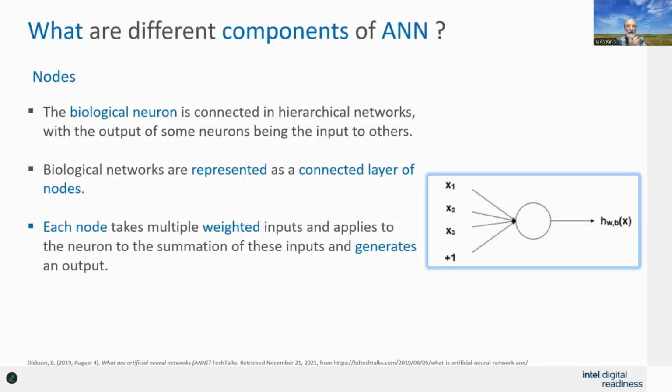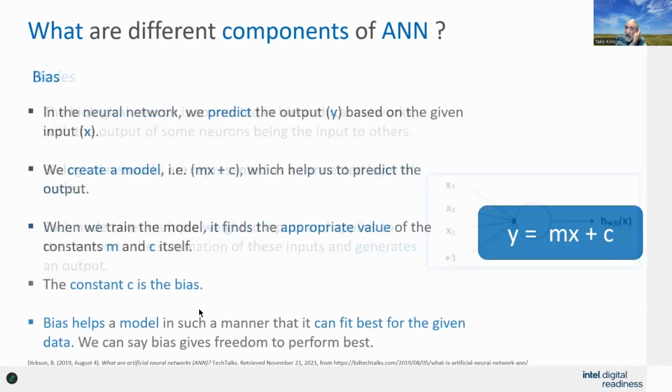Nature already figured it out. We're just trying to copy what nature is doing. So each node takes multiple weighted inputs, applies the neuron to the summation of these inputs, and generates an output. So it does a combination. And I know I'm saying this over and over again, but it's to kind of clarify it, hopefully, for you.